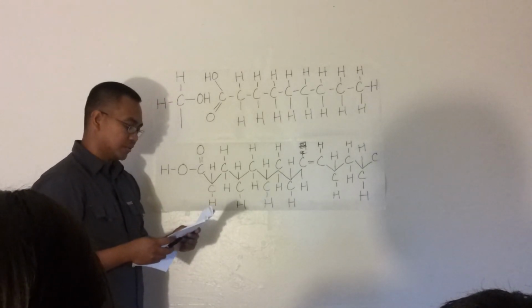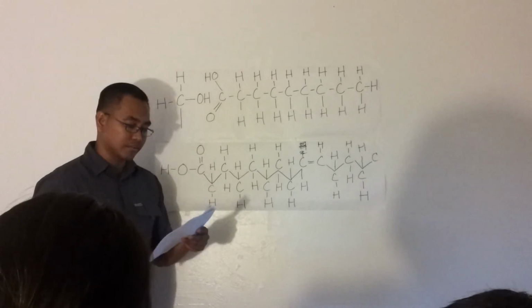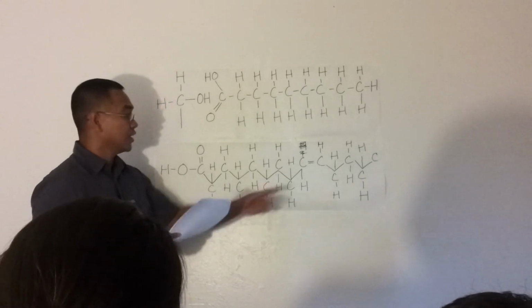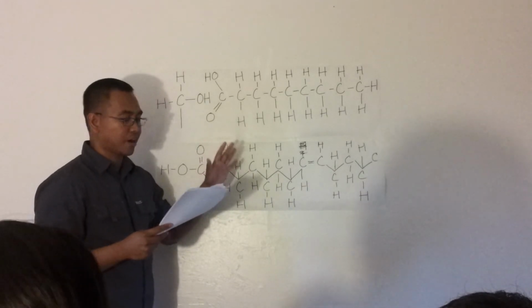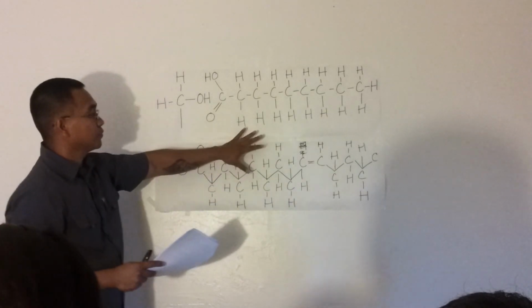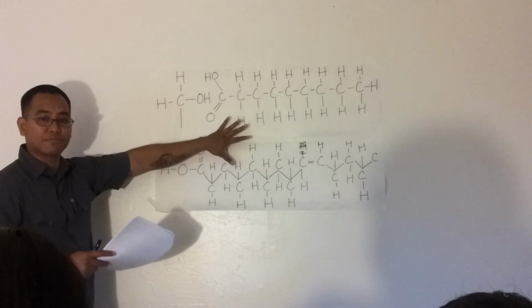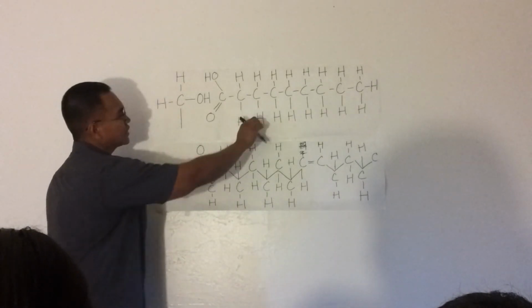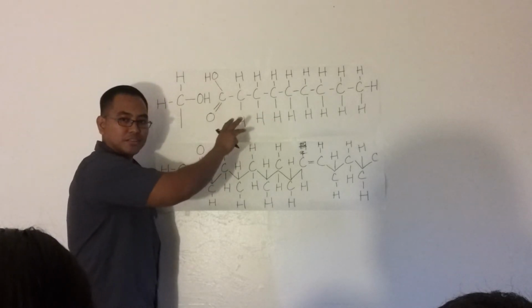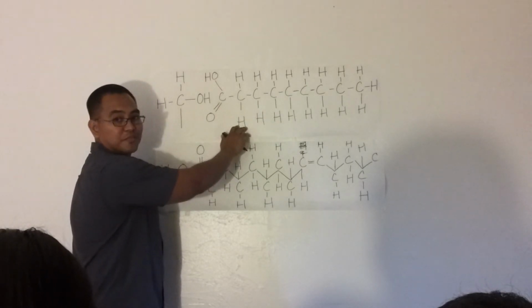And we all know that what determines the type of fat depends on the arrangement of carbon and hydrogen atoms. The molecular shape gives unique characteristics to the type of fat. Now, if you look here, we can see it's saturated with hydrogen.